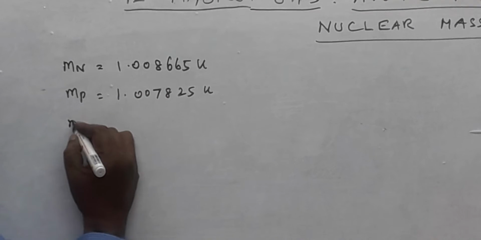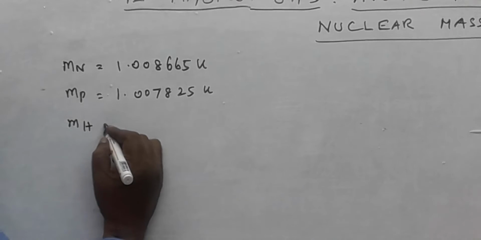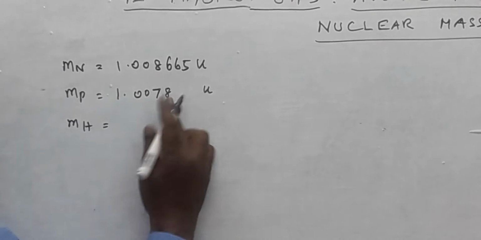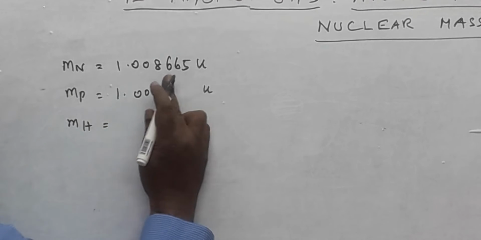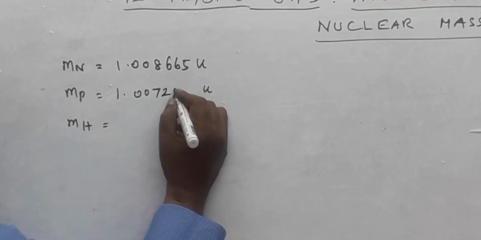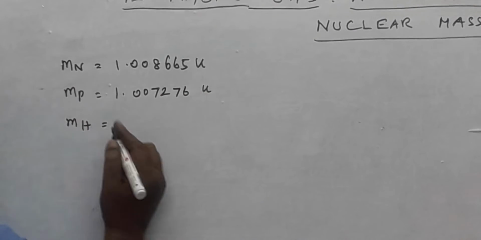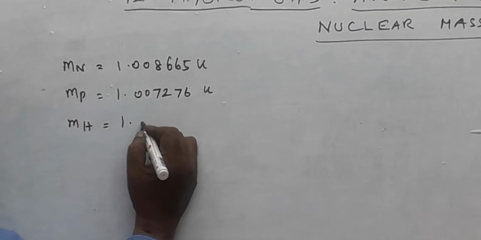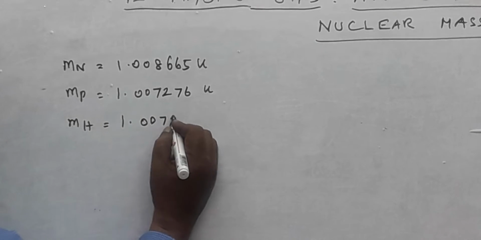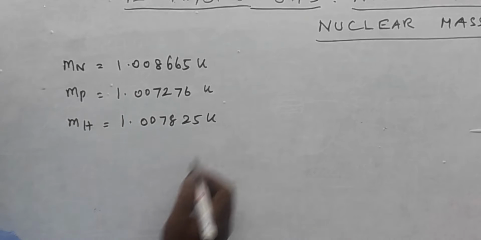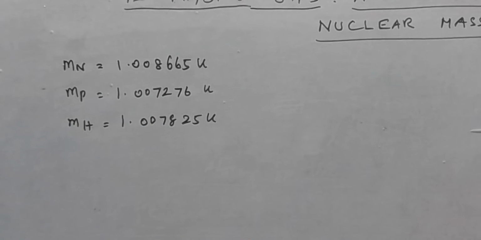Similarly, if you want to find the mass of hydrogen, that is equal to 1.00787825 atomic mass unit. This is the basic concept.